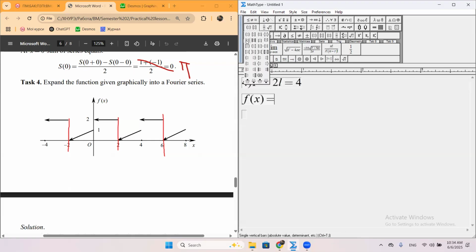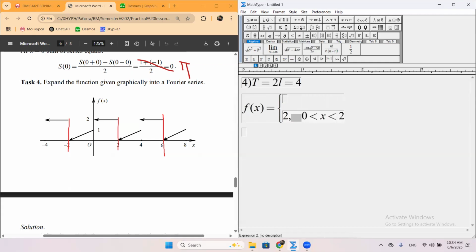So this is the period of this function. And how to write down the analytical expression for this function. So let's start from an easier part. So it equals 2 when x is from 0 to 2. And what about this expression?